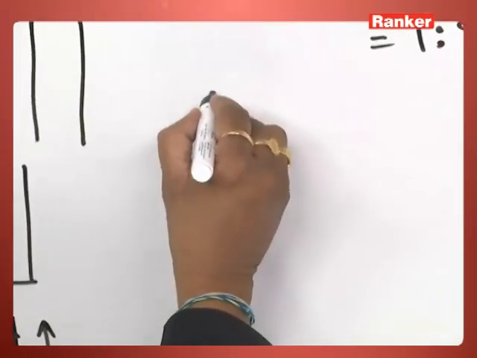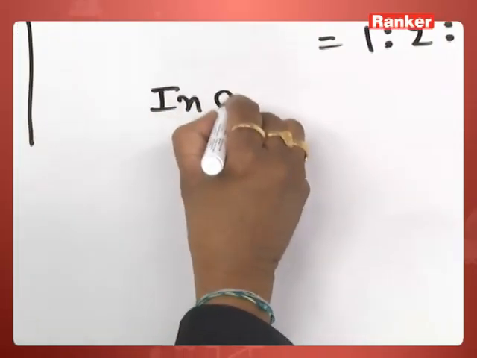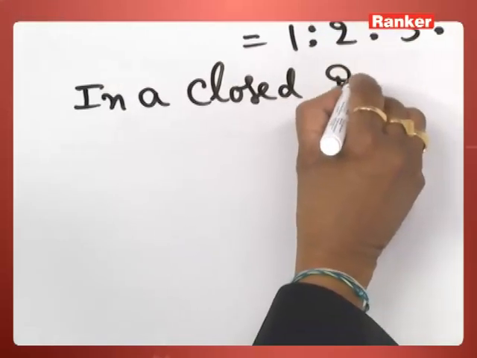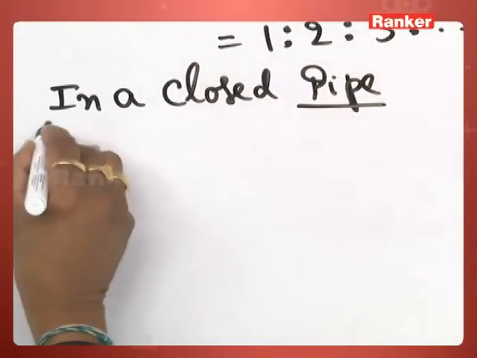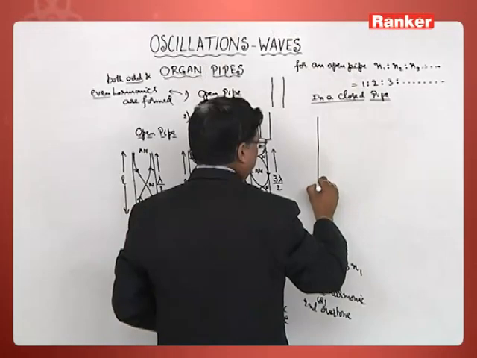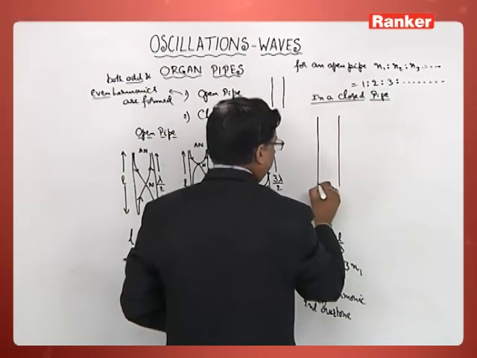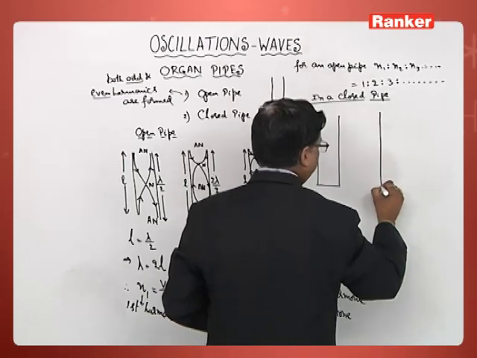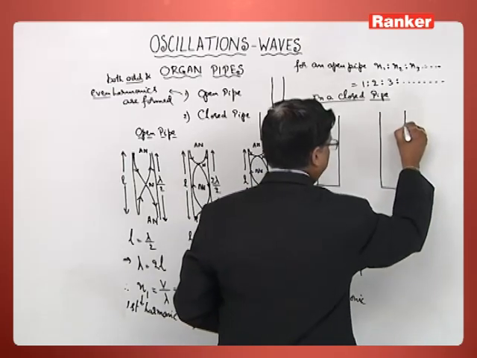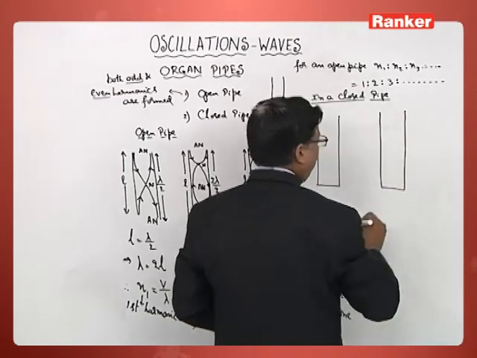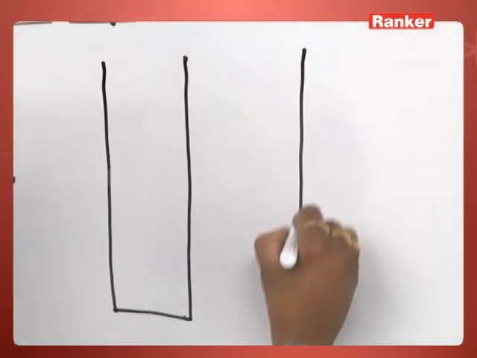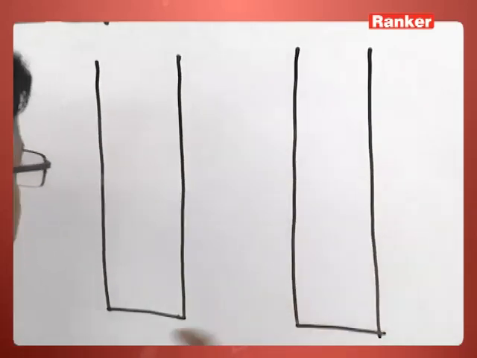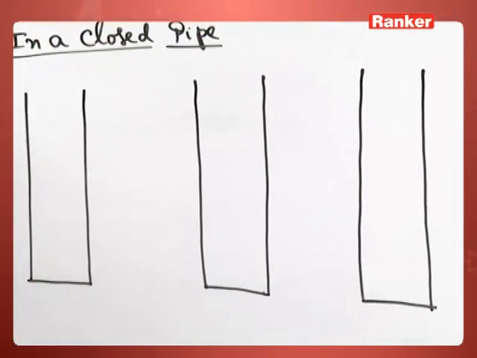In a closed pipe. Closed pipe means we should consider one side open and one side closed. This is the one. I am just considering once again 3 cases with the same tube.